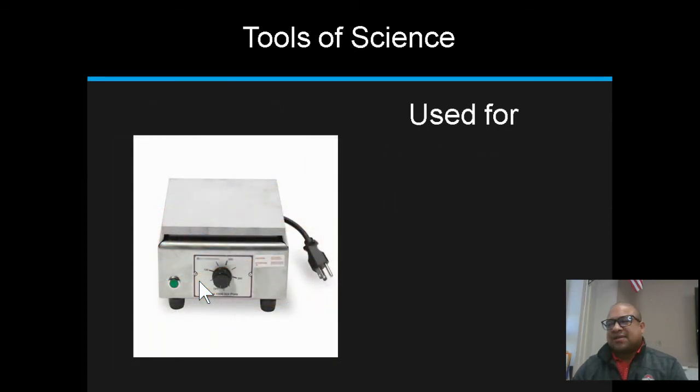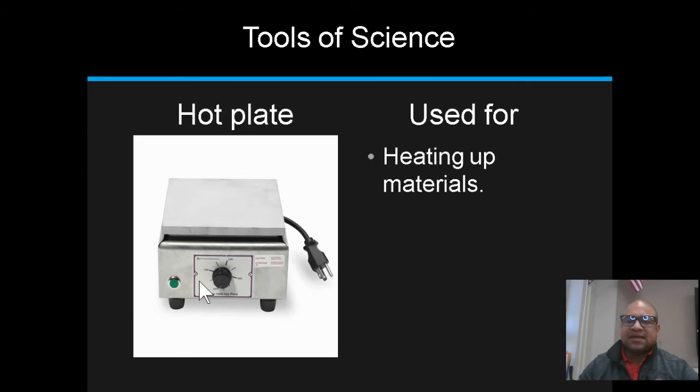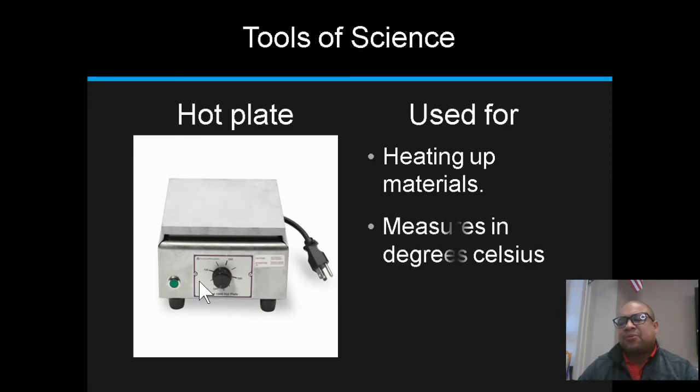This object kind of looks weird. It's a little square. It's known as a hot plate, and the hot plate is used for heating up materials. One main thing to recognize is the hot plate makes its measurements using degrees Celsius. So in class, once again, when we talk about using the metric system, 0 degrees Celsius is where typically liquids like water will freeze. 100 degrees Celsius is where things like water will boil.